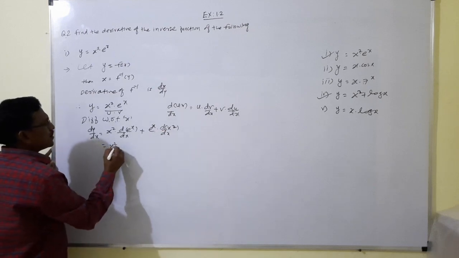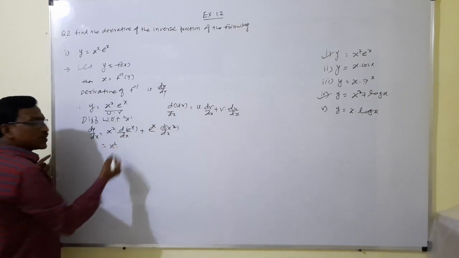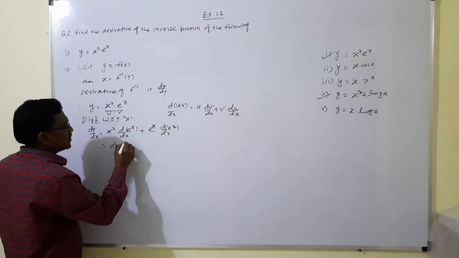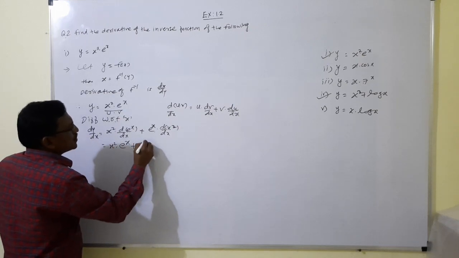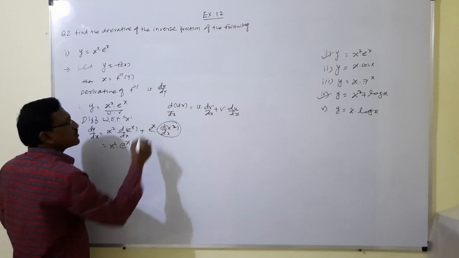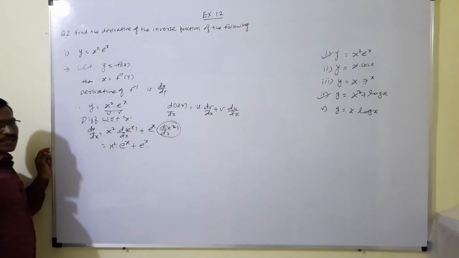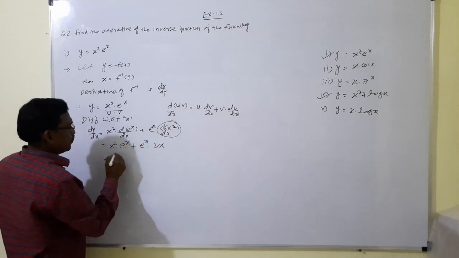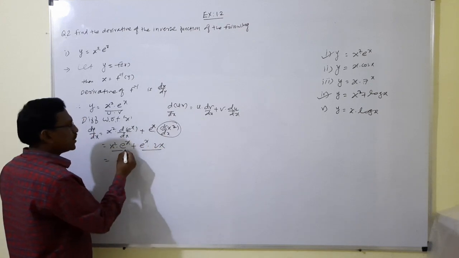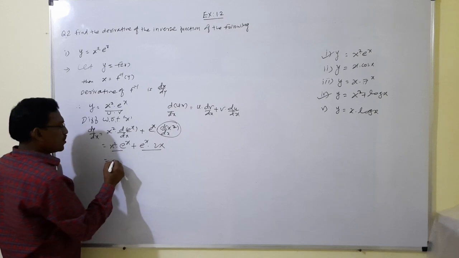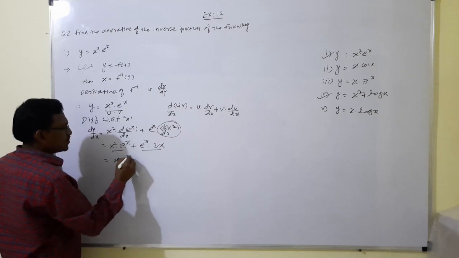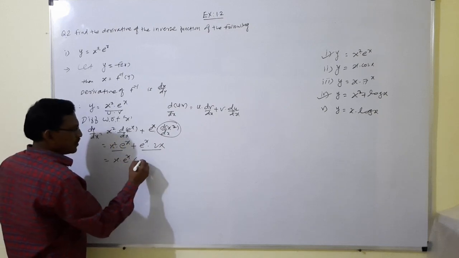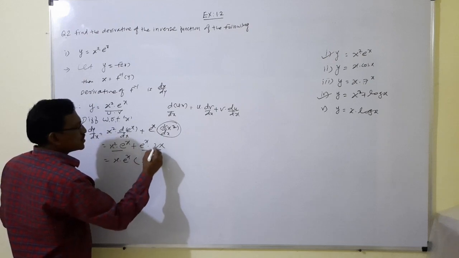So x square into derivative of e raised to x is e raised to x, plus e raised to x as it is into derivative of x square, which is 2x. From these two terms we take common x into e raised to x, so it remains x plus 2.